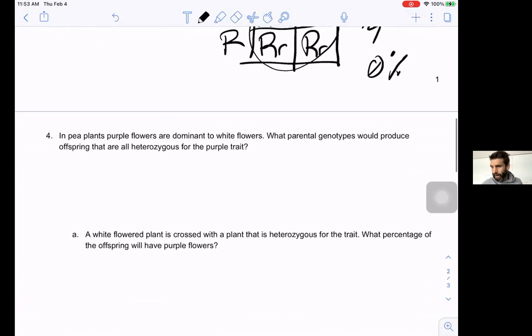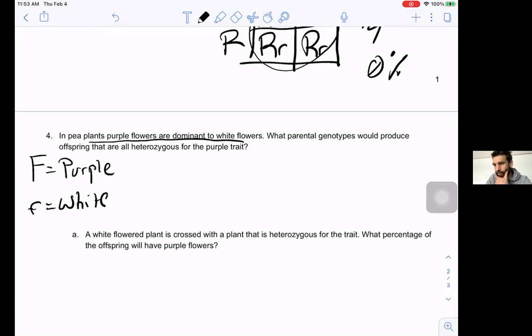Let's try another one. In pea plants, purple flowers are dominant to white. Okay, so I'm going to put capital F equals purple and lowercase f equals white. See how I do that right off the bat? I try to get this information down. What parental genotypes would produce offspring that are all heterozygous for the purple plant?